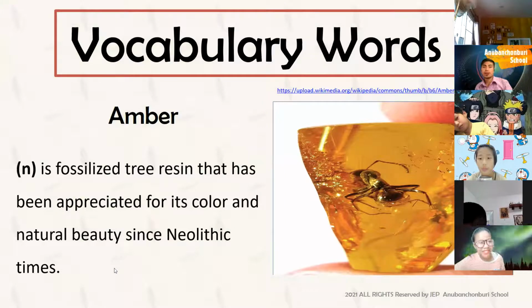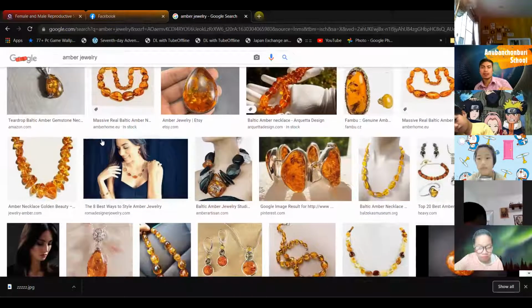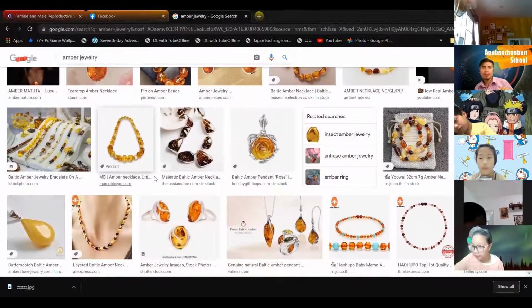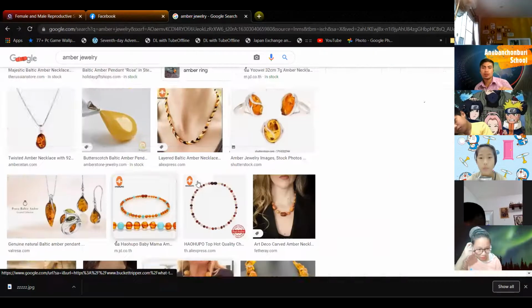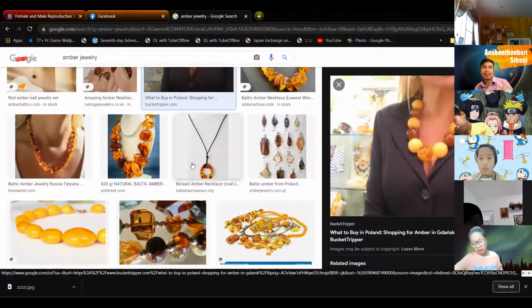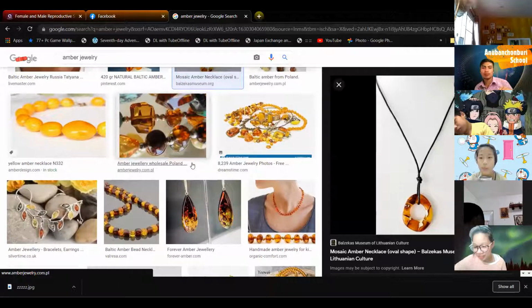No? Or I will just show you some pictures right here. Have you seen something like this here in Thailand? No? You don't have an amber? Okay. Wow, this one is very big. So here, ambers are used in jewelry also.